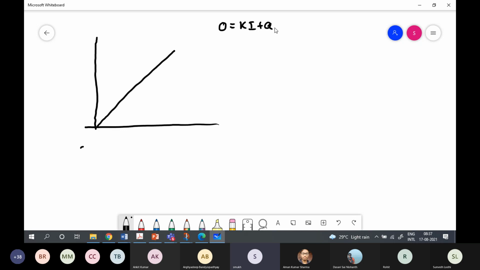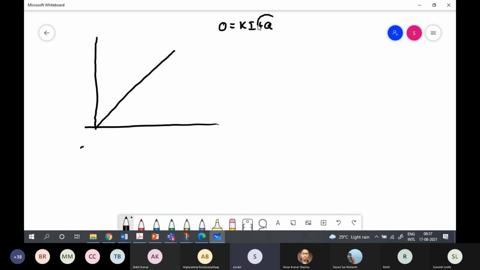So y equal to mx plus c is not a linear characteristic, although we have learned it in school. From a superposition theorem point of view, it is not linear. But we are not here. We are taking a more geometric point of view.